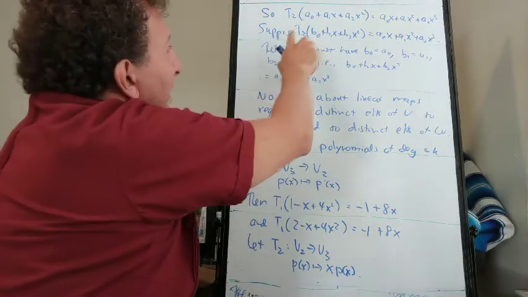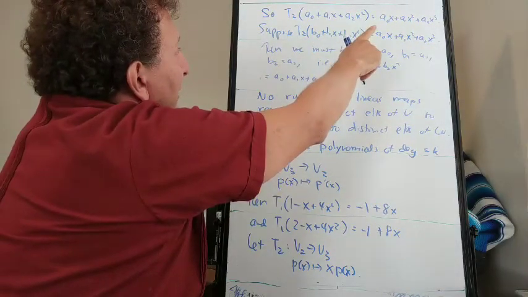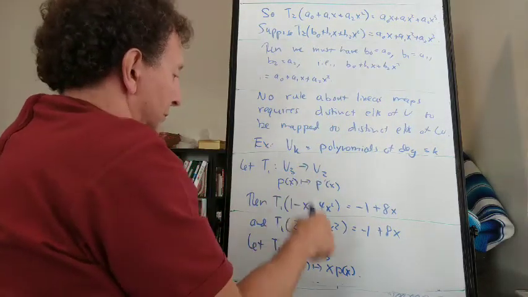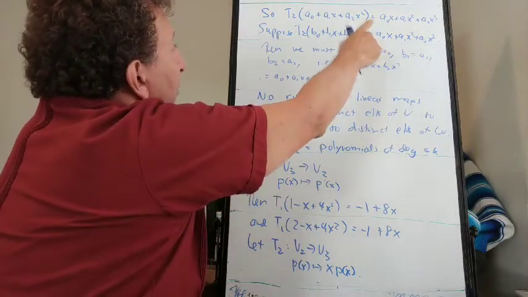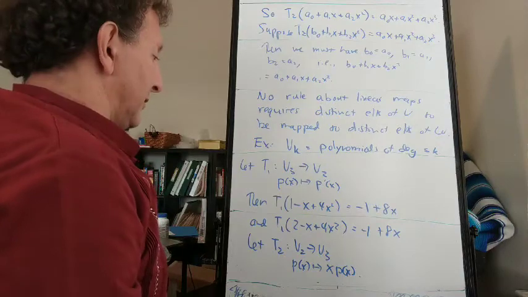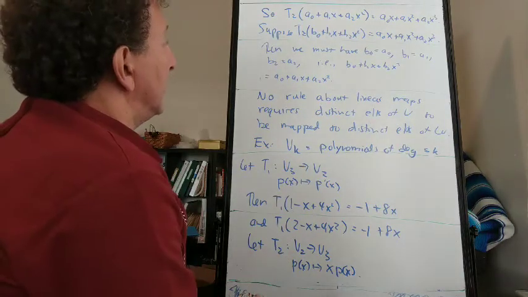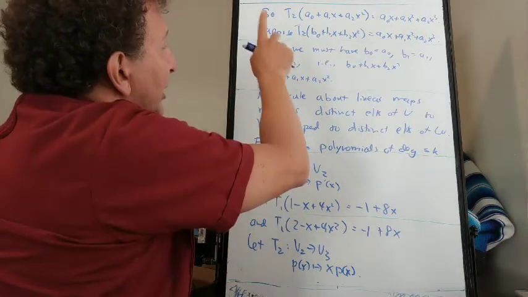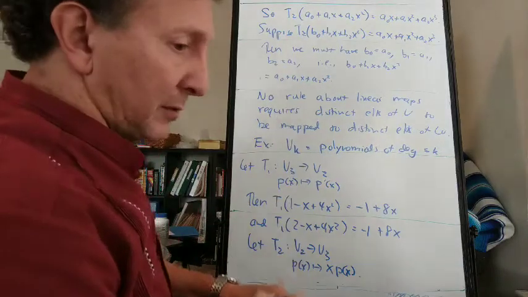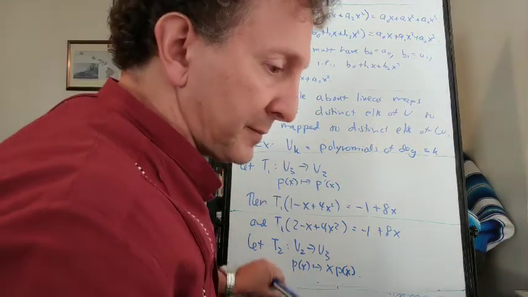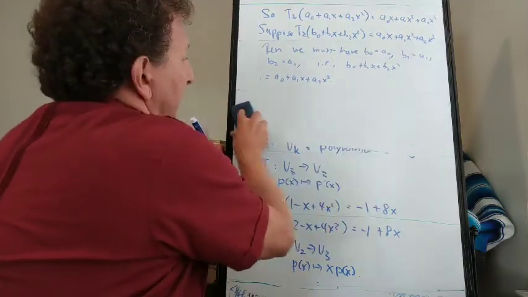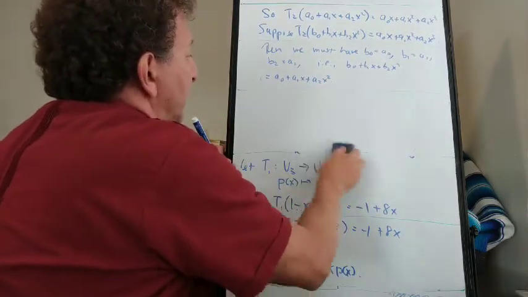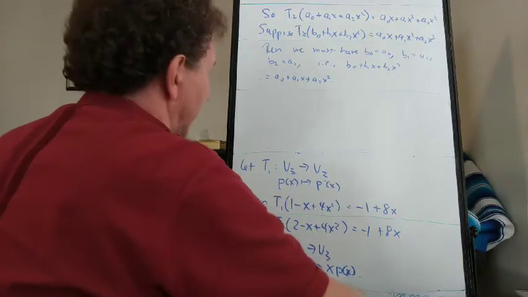So with this map, if we get the same element of W, W being V3 now, then we must have started with the same element of V, which is V2. Distinct elements are going to get mapped to distinct elements. So we call a map injective if it's like the second one.